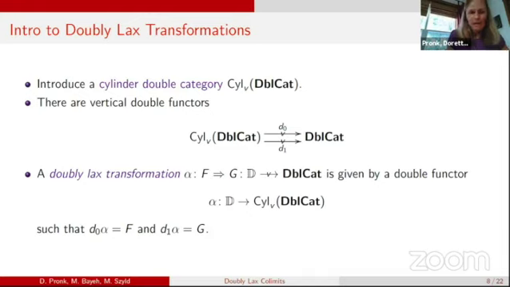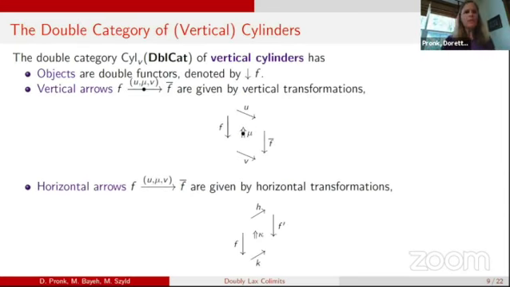And now between such vertical double functors, we can then define a doubly lax transformation by giving a double functor from D into the cylinder double category on DoubleCat, such that D_0, the top of the cylinder, after alpha will give me F, and D_1 after alpha will give me G. So it's the same setup as we had for bicategories. And I'm now going to spell it out.